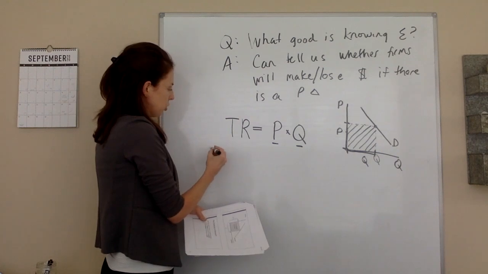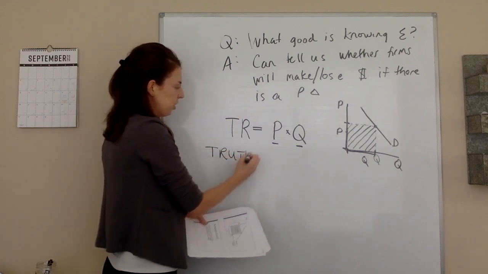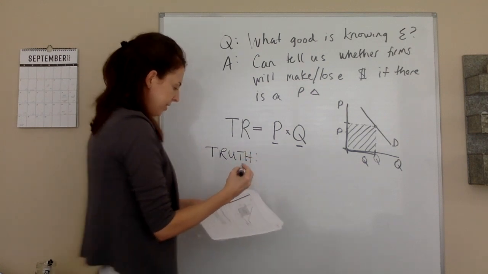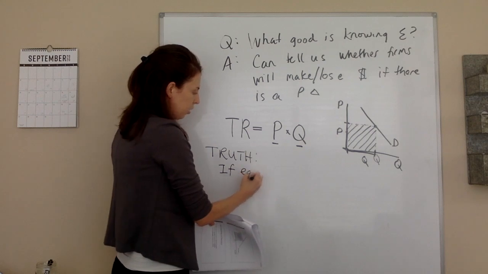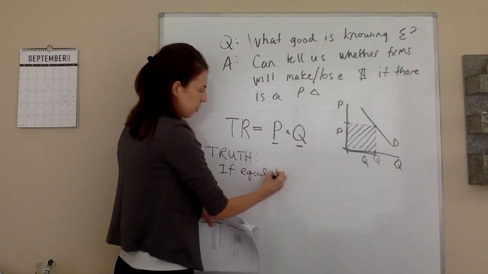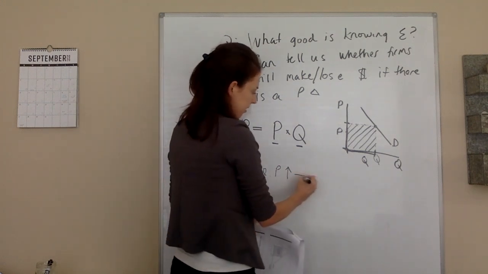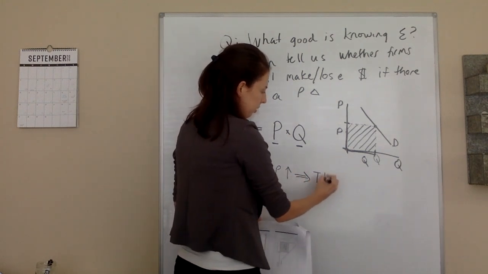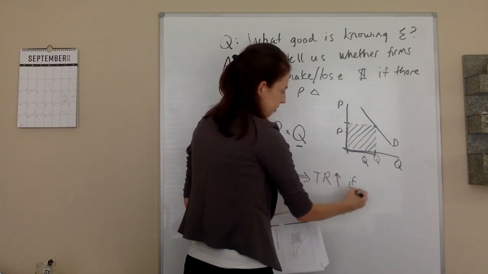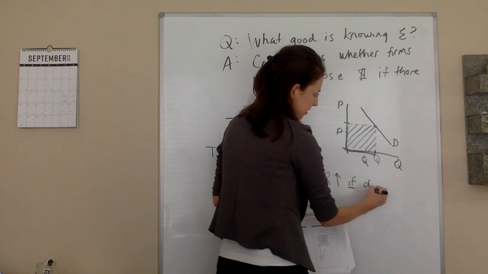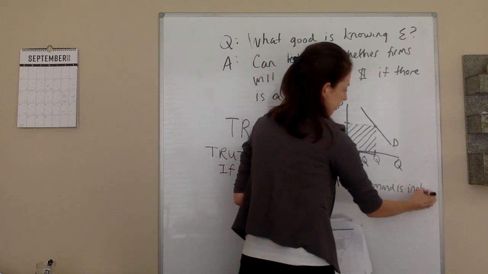What's going to be true, I'll label this as truth: if the equilibrium price in a market rises, then total revenue will increase if demand is inelastic.